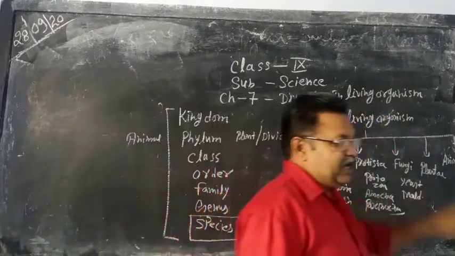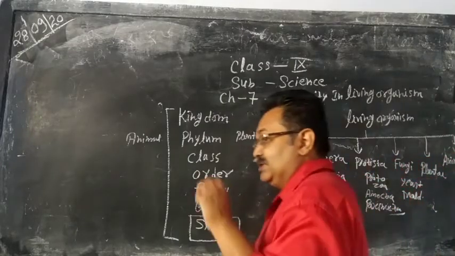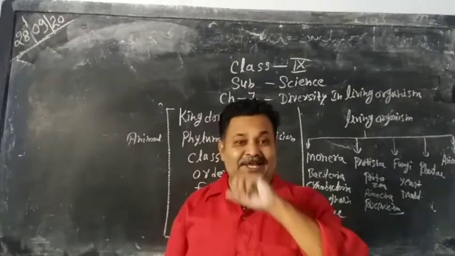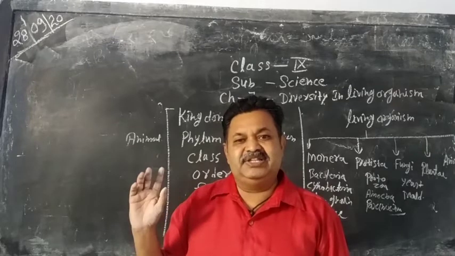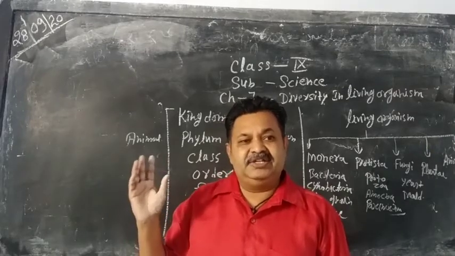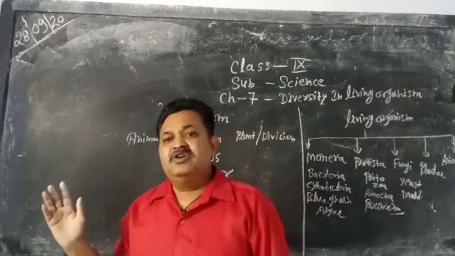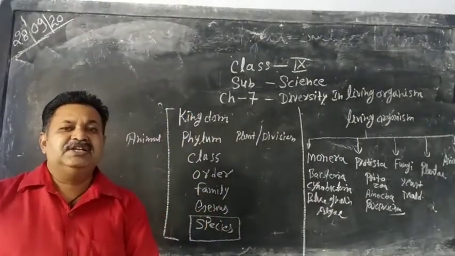In classification or diversity, you know very well that the differentiation of plants and animals is known as diversity, and on the basis of diversity we study living organisms. To make this study easy we classify organisms into various groups or kingdoms on the basis of their characteristic features.